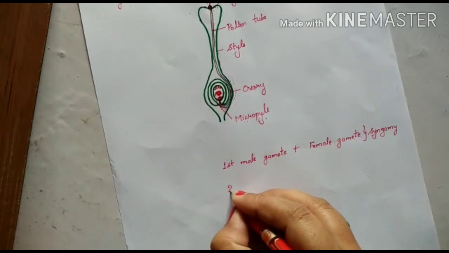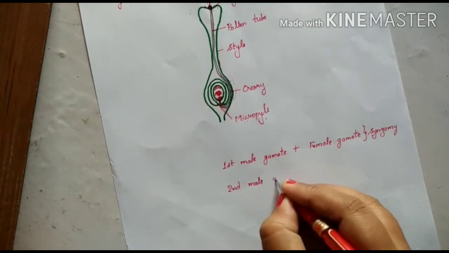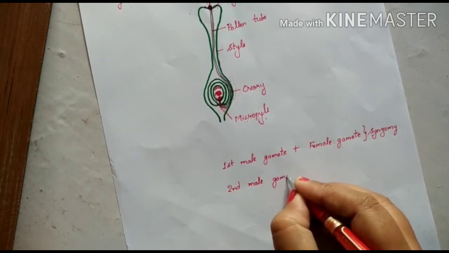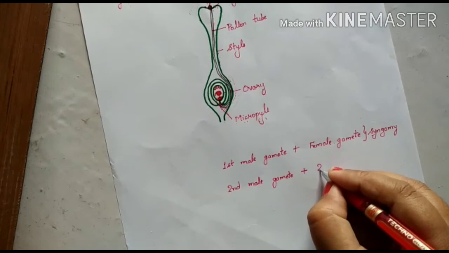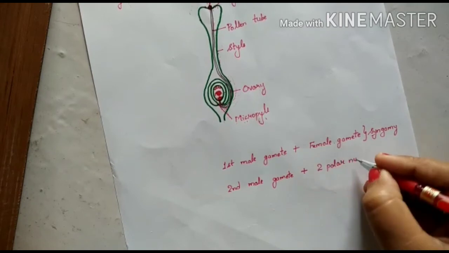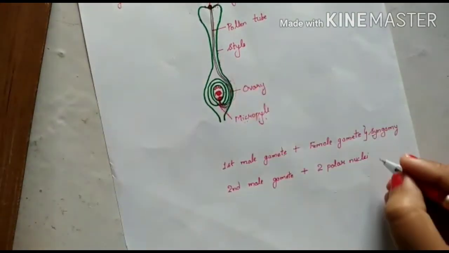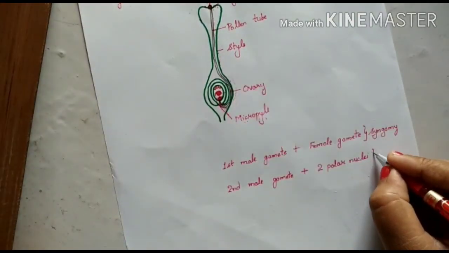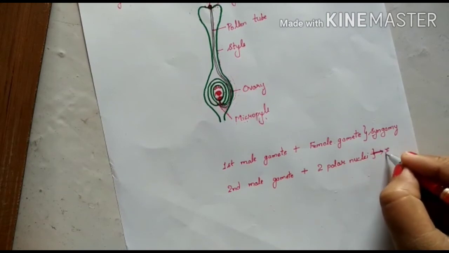But when the second male gamete fuses with the 2 polar nuclei which are in the center, then it forms endosperm.